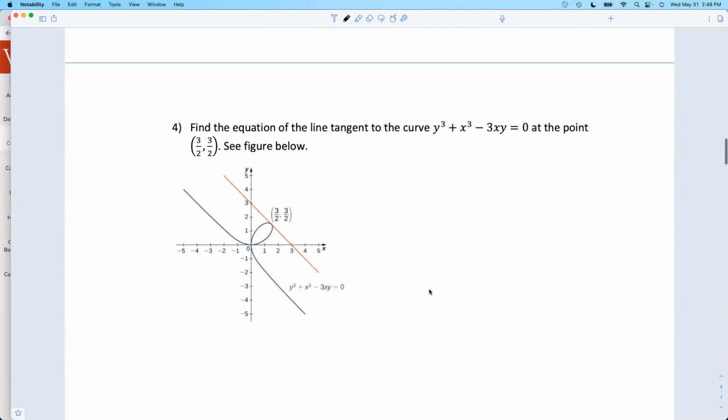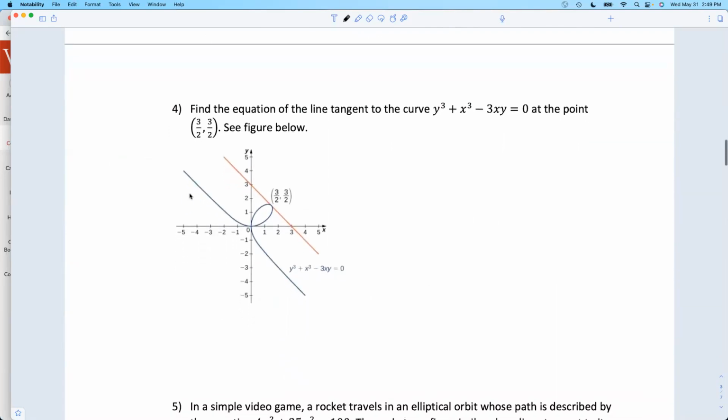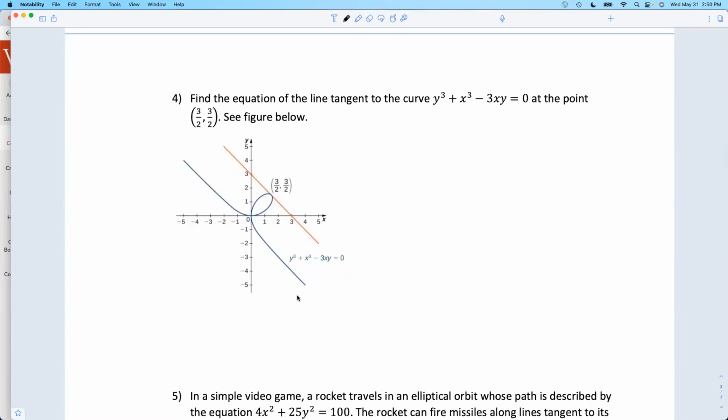Okay, let's do another one. So we've got this cool looking curve here. Does not pass the vertical line test, so I can't do this explicitly. I can't just say y equals a function of x and just take a regular derivative.